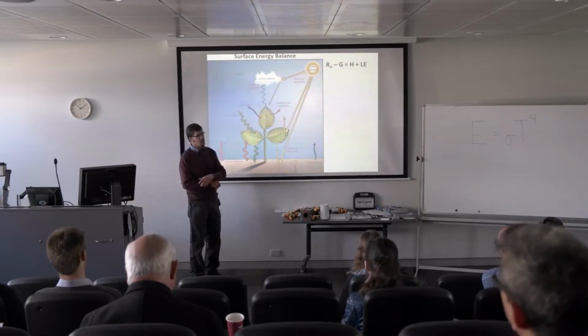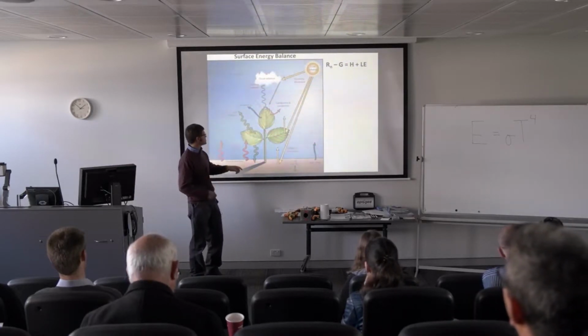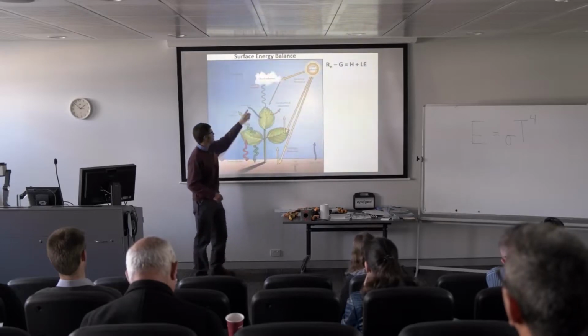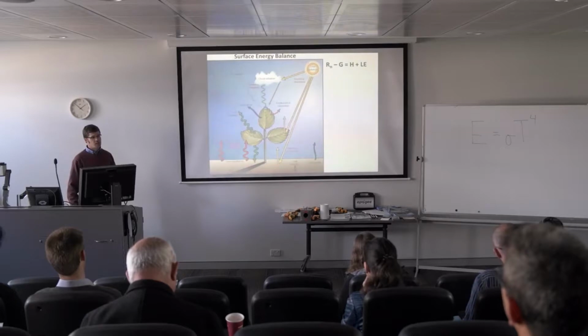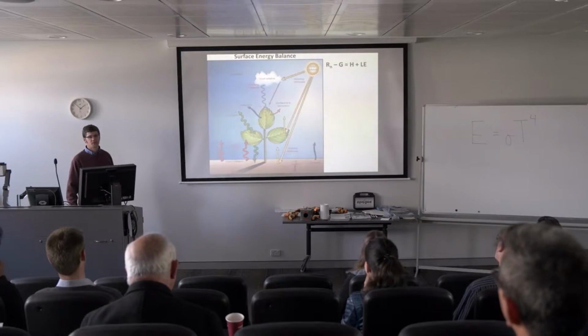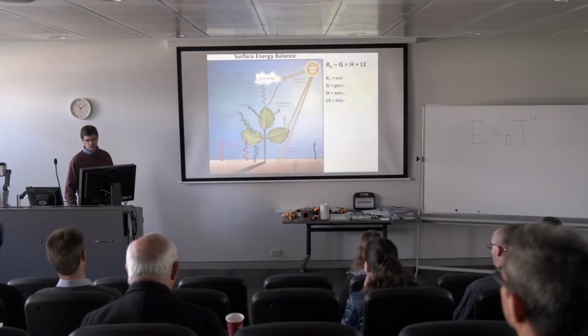And then the LE term is the latent heat loss, which is the combination of evaporation and transpiration. There are other terms like photosynthesis, which would be a small contributor, and there can be heat storage in the plants themselves. Typically heat storage doesn't happen in crops, but can in forests.